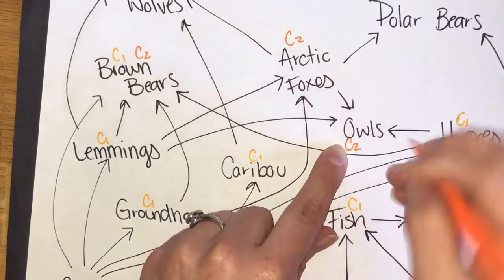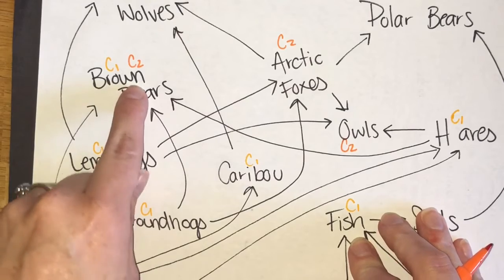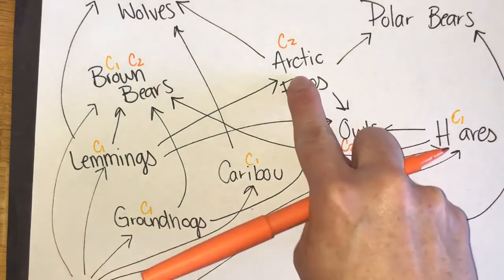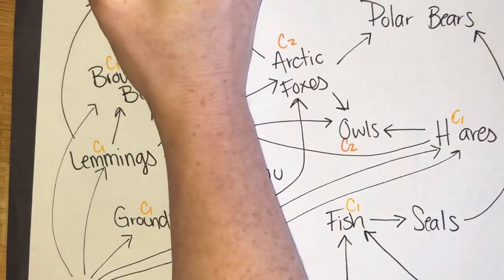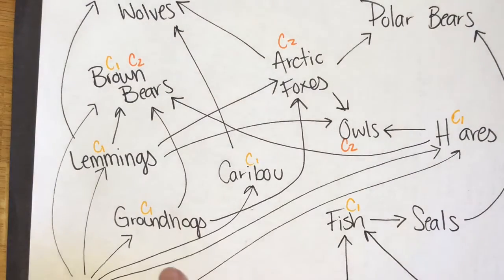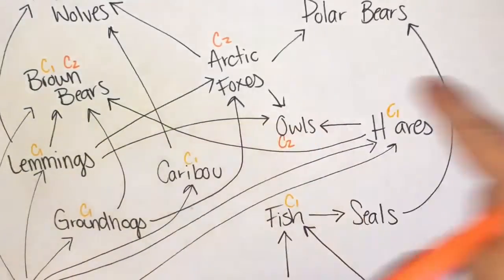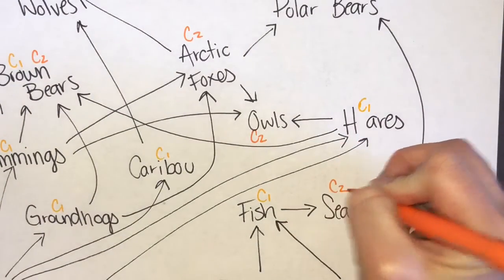And owls, okay? Groundhogs are eaten by brown bears. We've already got the C2 there. And Arctic foxes. The caribou, the Arctic wolves eat the caribou. Owls eat the hares. Oh, and seals eat the fish.